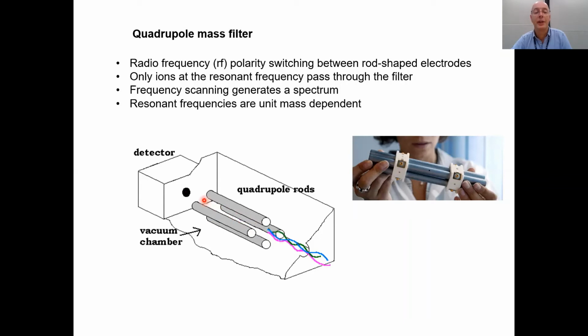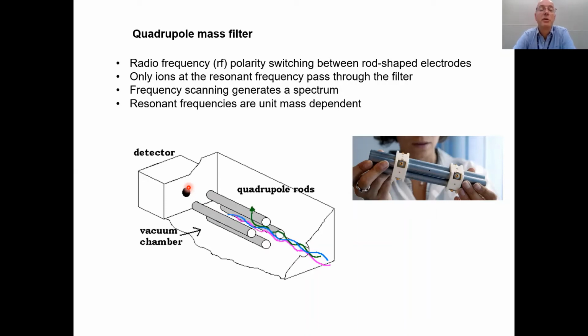So this is at the radio frequency that is the same as the resonant frequency of that ion, and it allows it to pass through the quadrupole filter. So what we can do is scan across frequencies, and when we scan, that will generate a spectrum.